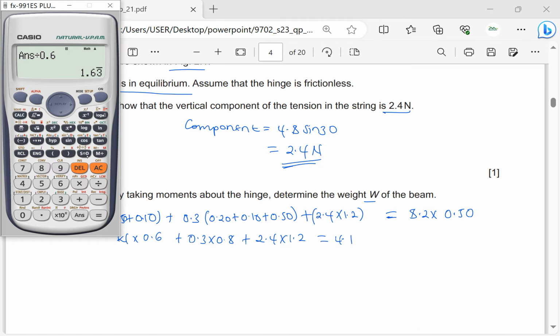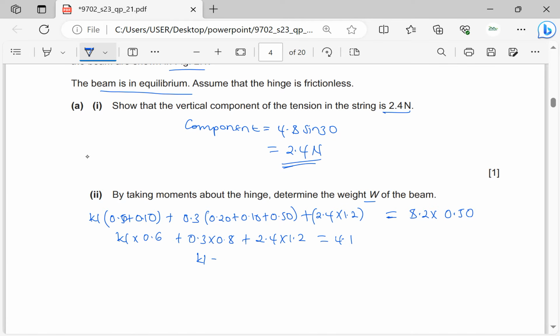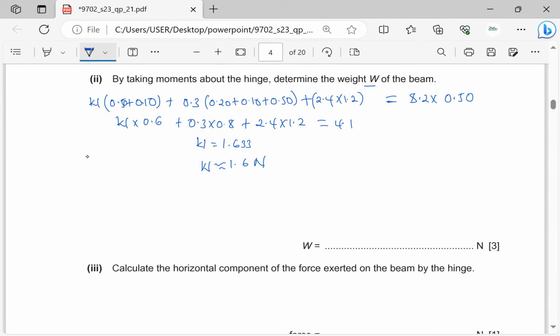So I am getting 1.63 recurring. So W is 1.63 recurring, which is just approximately 1.6 newtons to two significant figures. So I'll just write here 1.6.